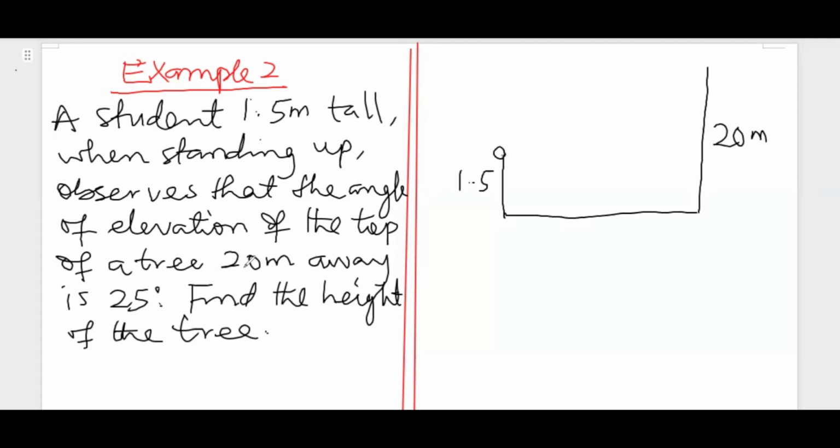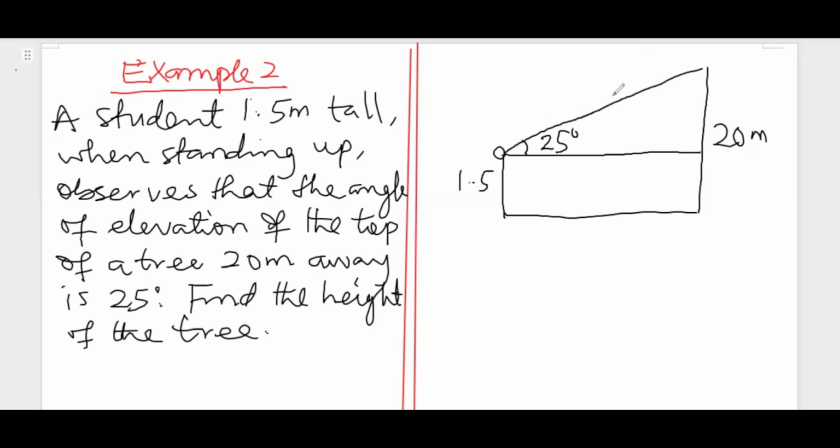And when the observer has not looked at the top of anything, the eye level is this. But for him to now view the top of this tree, we need to lift his eye, the gap between the original eye level and the new level. For him to see the top of the pole is the angle, and that is 25 degrees.